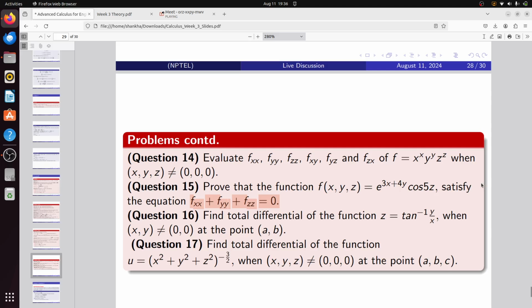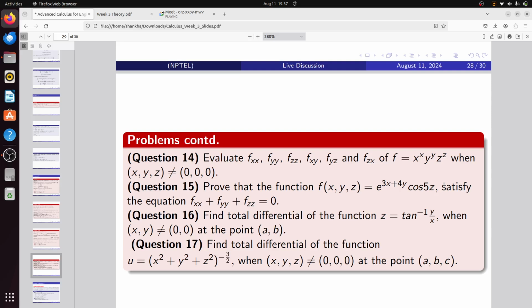And I can give you another solution: e power 5x plus 12y cos 13z. This will also satisfy the equation. These are Pythagorean triplets. E power 3x plus 4y cos 5z satisfies this equation, and 3, 4, 5 is a Pythagorean triplet: 3 square plus 4 square equals 5 square.